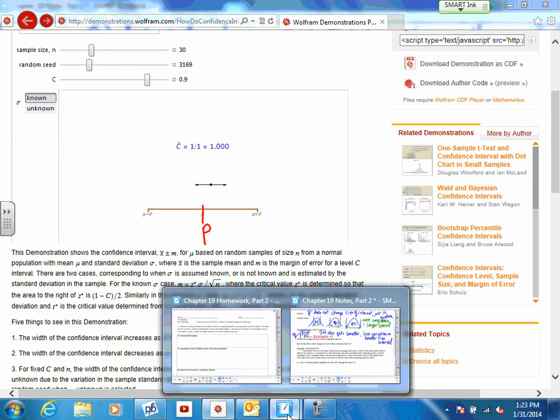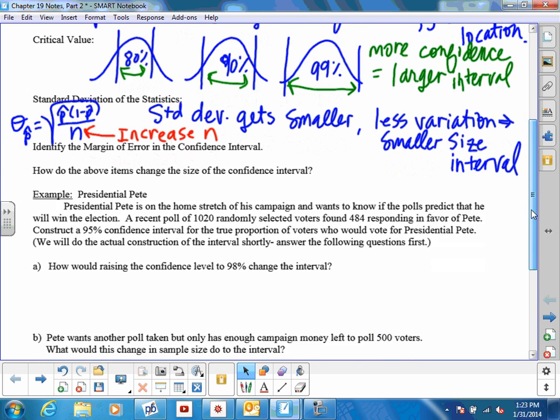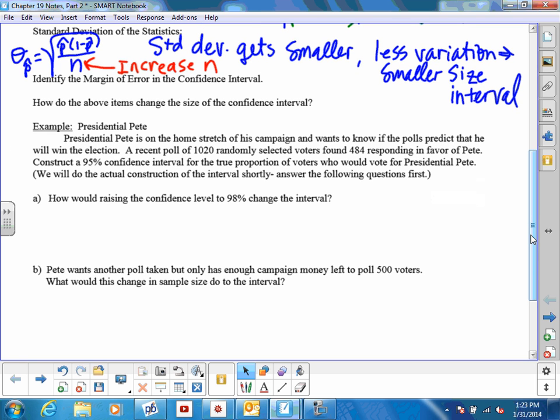All right. So here we go. We have already identified the margin of error, and we identified how it changes the size of things. So let's go to this example. Presidential Pete. Presidential Pete is on the home stretch of his campaign, and he wants to know if the polls predict that he will win the election.